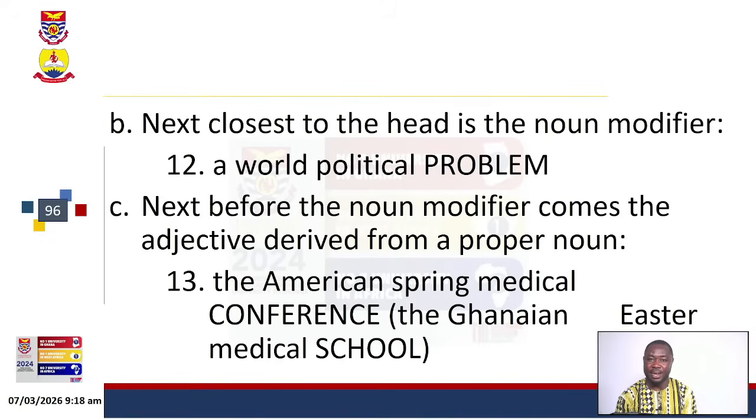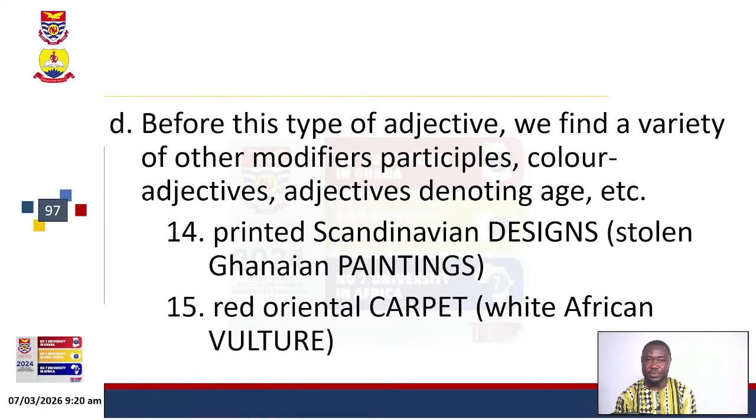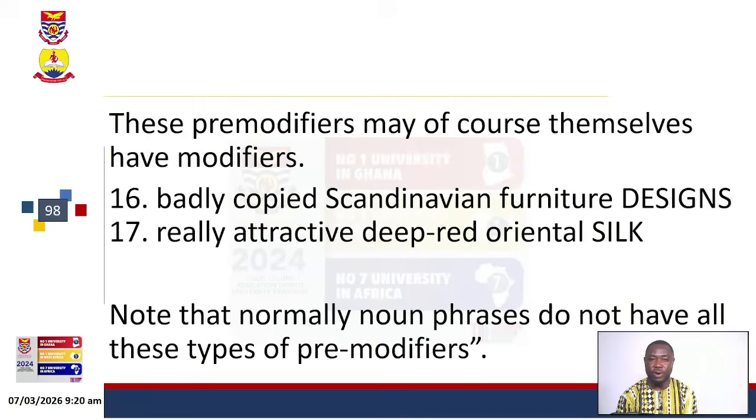Next, before the noun modifier comes the adjective derived from a proper noun: the American Spring Medical Conference, the Ghanaian Easter Medical School. Before this type of adjective, we find a variety of other modifiers like participles, color adjectives, adjectives denoting age, etc. So you can have printed Scandinavian designs, stolen Ghanaian paintings, red oriental carpet, white African vulture.